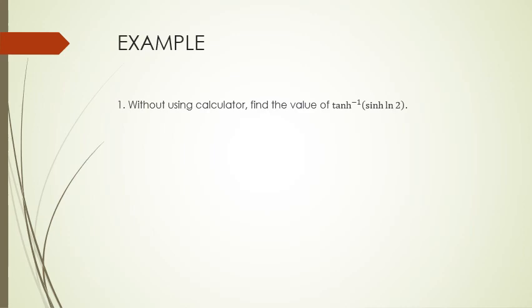So how to find it? The first step is to find the value of sine hyperbolic ln 2. We use the definition of sine hyperbolic: sine hyperbolic x equals e to the x minus e to the negative x, over 2.